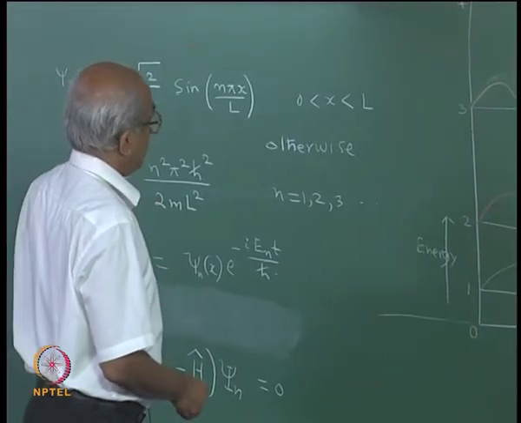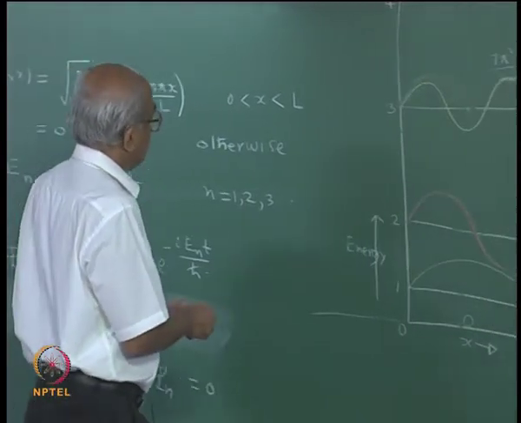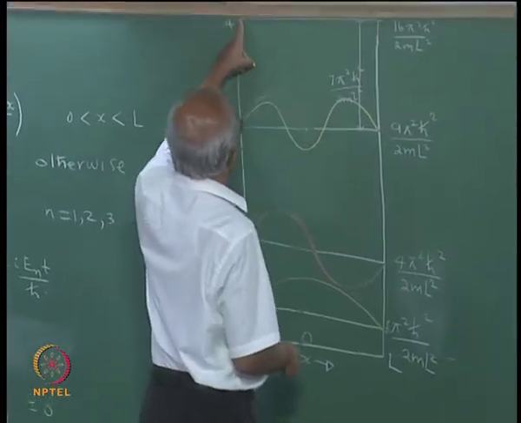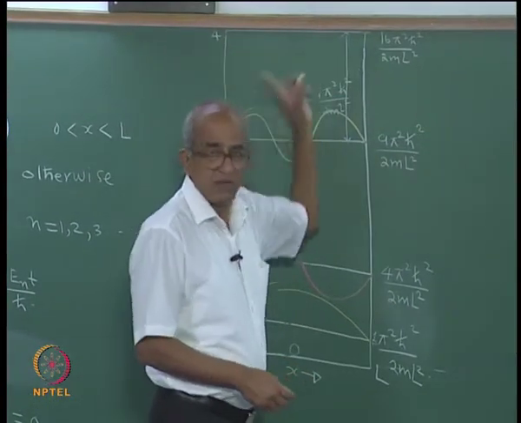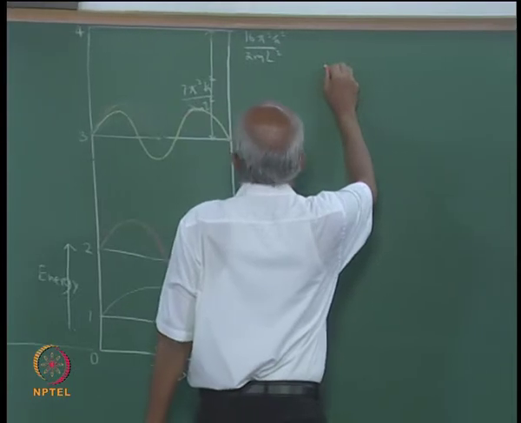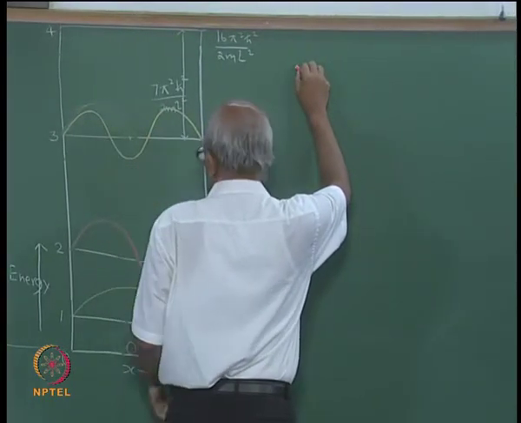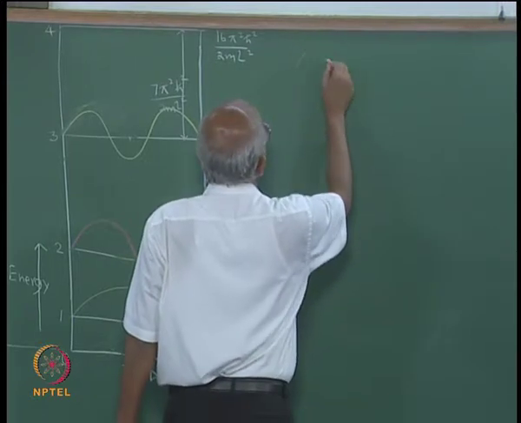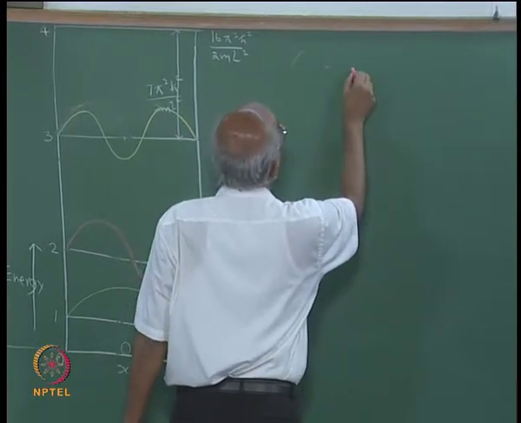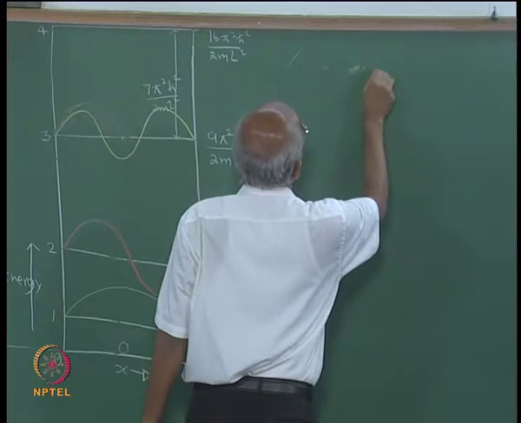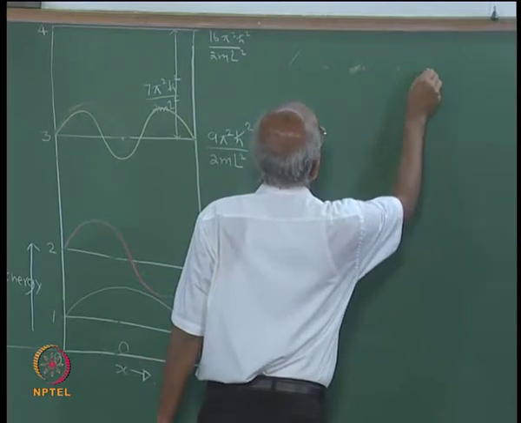Well, the way I have drawn this figure, it is not possible for me to draw the fourth wave function. So, I will just draw it here. The important thing is, you see, it has 3 nodes. So, let me put the nodes 1, 2, 3, these are the nodes.